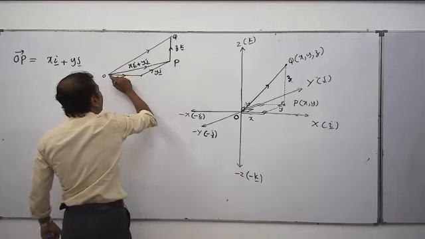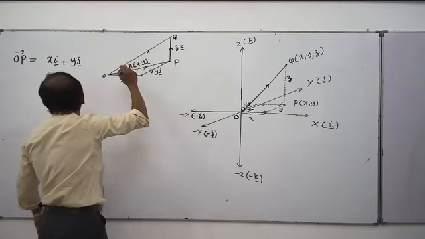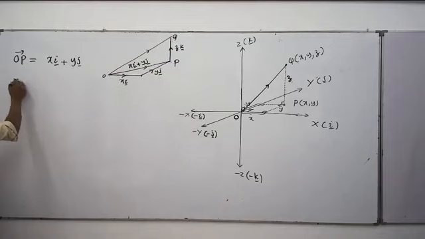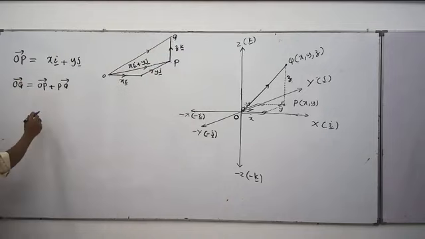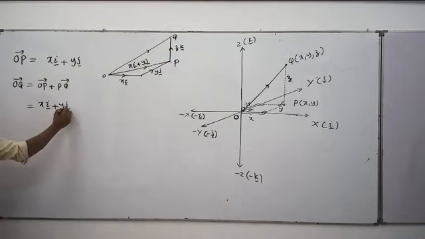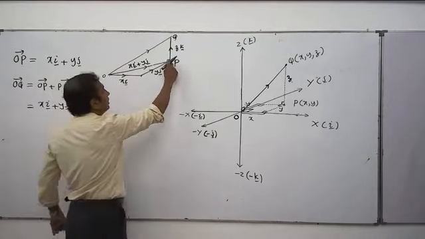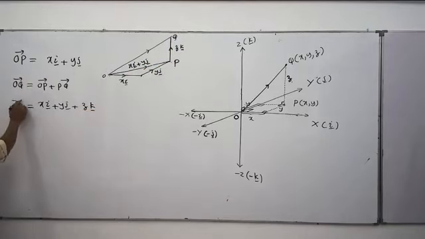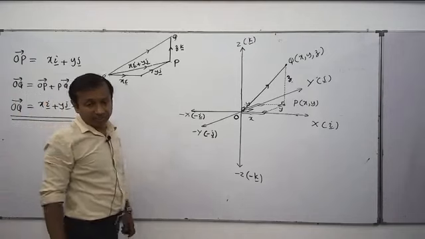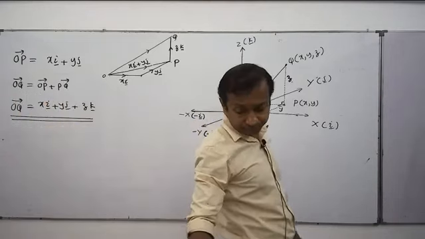What is OQ vector now? OP plus PQ. OQ vector, we can write OP vector plus PQ vector, again by triangle of vector addition. Right? And then we get what, people? OP vector is xi plus yj, plus PQ means what? zk. Then we get the position vector of the point Q as xi plus yj plus zk. Right? zk.